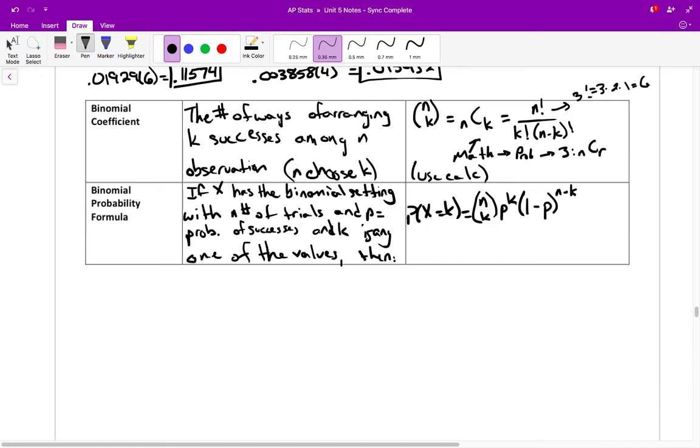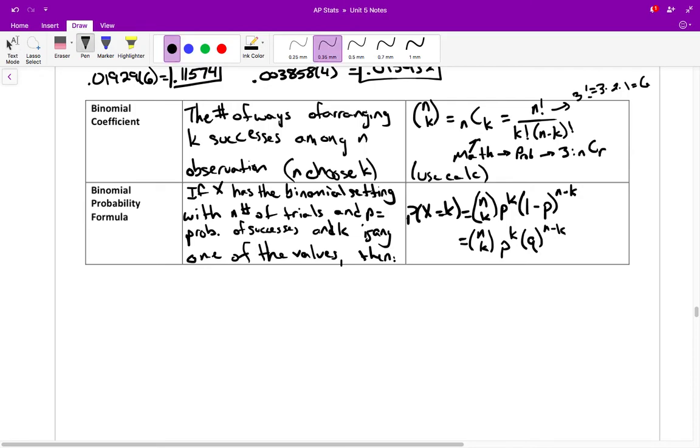There it is. Now, another way that you might see this sometimes is n choose k, p to the power of k, multiplied by q to the power of n minus k. Basically, q is the same as the complement of p. In other words, if you take 1 minus p, you get q. So sometimes you might see that notation show up from time to time. Just know it's the exact same formula.